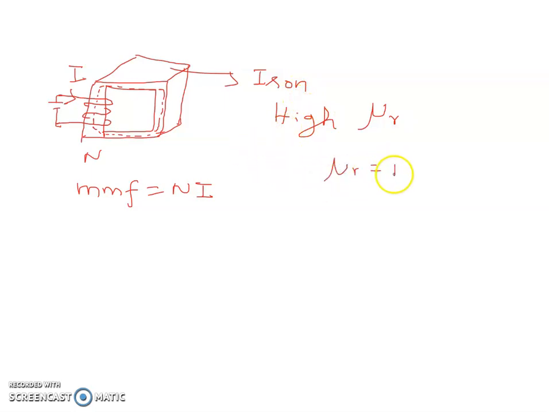Mu r of air is only 1, but the mu r of this iron will be in the thousands. It may be around 3000 to 6000. So permeability is higher and reluctance is lesser in the iron, but in air or free space it has high reluctance.